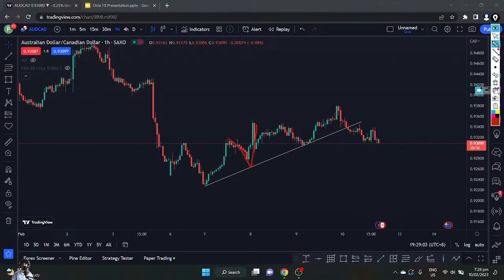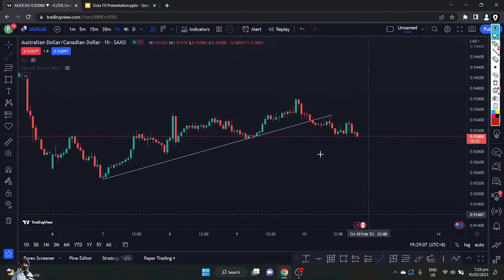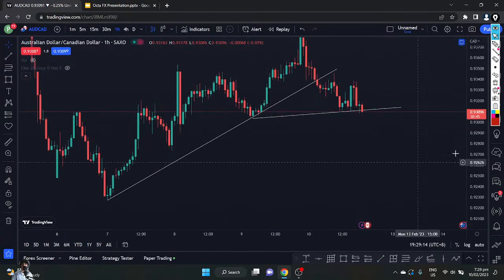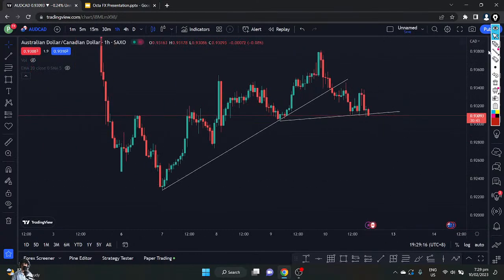Then as we can see, after creating an almost perfect trend line, the angle of this trend line right now is slowly changing. So this is what we were talking about earlier. We can see that the price is starting to have an angle like this, right?